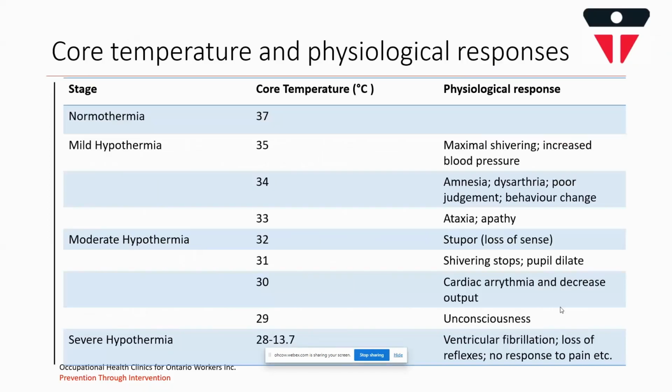This is a table which shows different stages of hypothermia. It is basically of more significance for clinical purposes, but I just thought to throw it in there for your attention that hypothermia has different stages and how symptoms progress from shivering to loss of sense and stopping of shivering, then cardiac arrhythmia and unconsciousness.